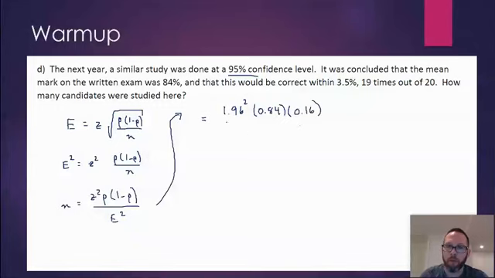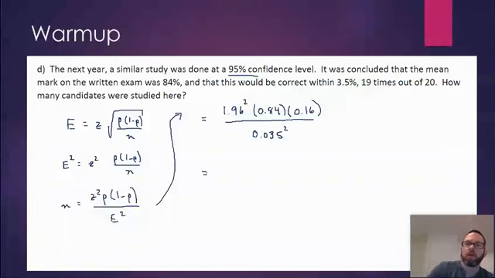And the margin of error was 3.5%. So 0.035. Don't forget to square it. So you can see the different study got a different mean score, but a much smaller margin of error. So I know it was a different confidence level, but we're expecting to see probably a much larger sample size than the 25.